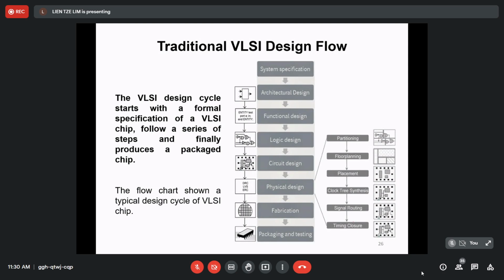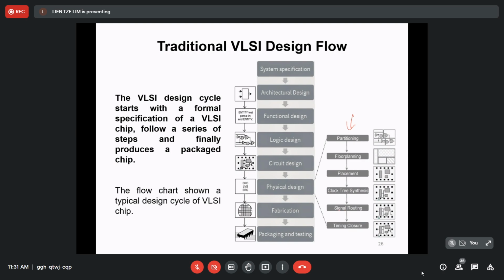So the one just now about floor planning and place and route is under this step, under physical design. I will cover this in chapter 4, so I'm not going to explain it in detail today.